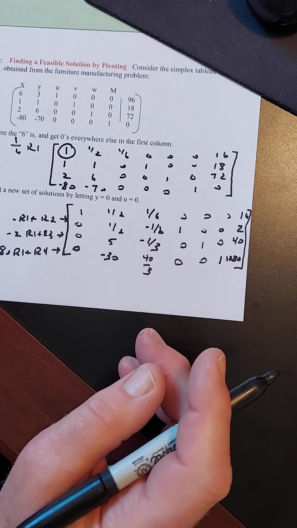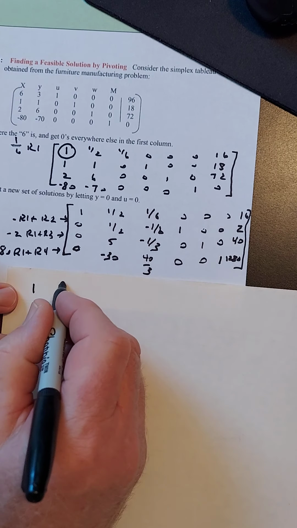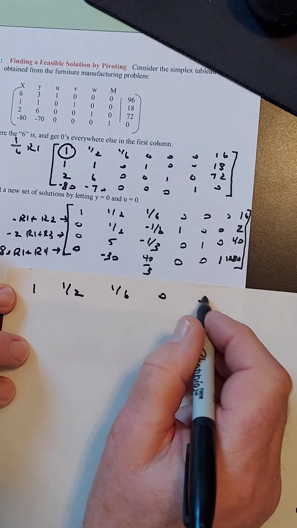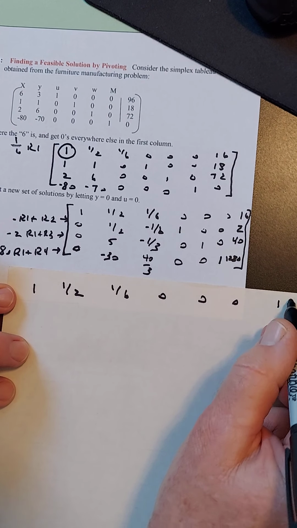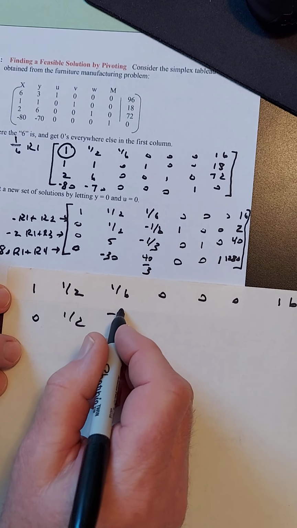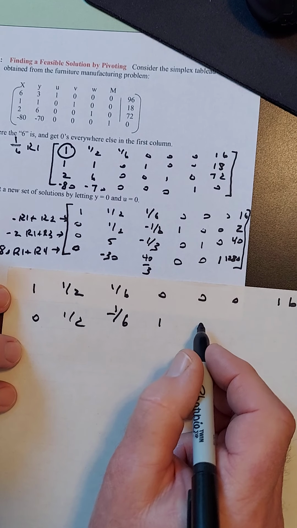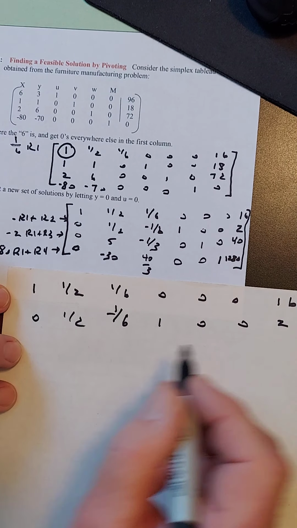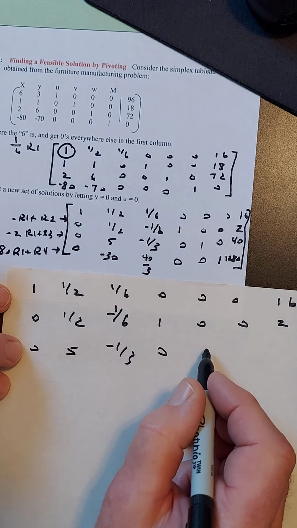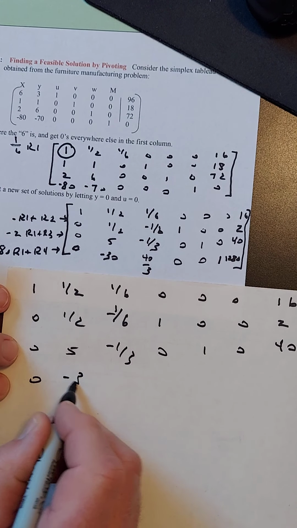Okay, let me get another sheet. I'm going to copy these numbers. You can see them a little bit better. So we got 1, 1/2, 1/6, 0, 0, 0, 16, 0, 1/2, negative 1/6, 1, 0, 0, 2, 0, 5, negative 1/3, 0, 1, 0, 40, 0, negative 30.